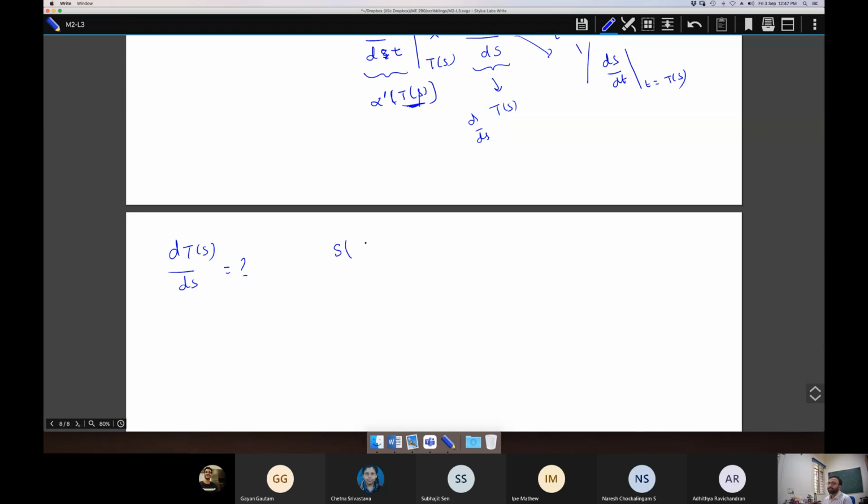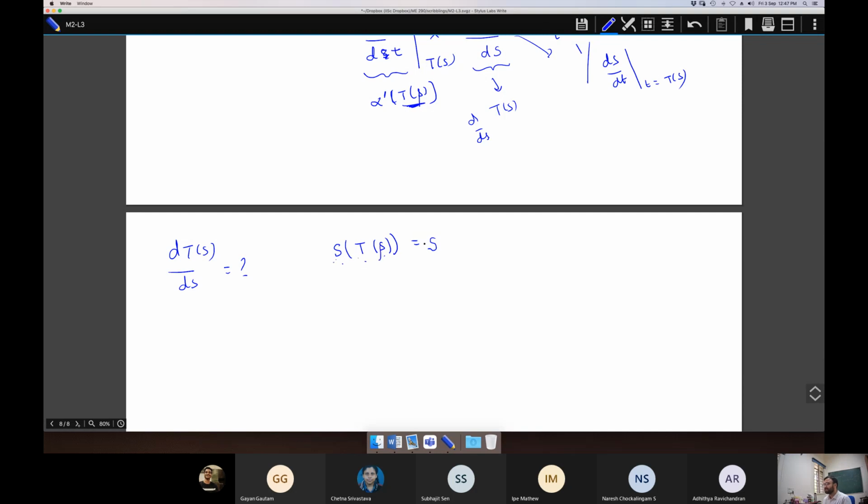We have to basically say that s of t of s equals how much? What will this give you? S. Does this make sense? You take the arc length s, you get the corresponding t, then you recompute the arc length. You will get back the same arc length. This is just saying that s and t are inverses.